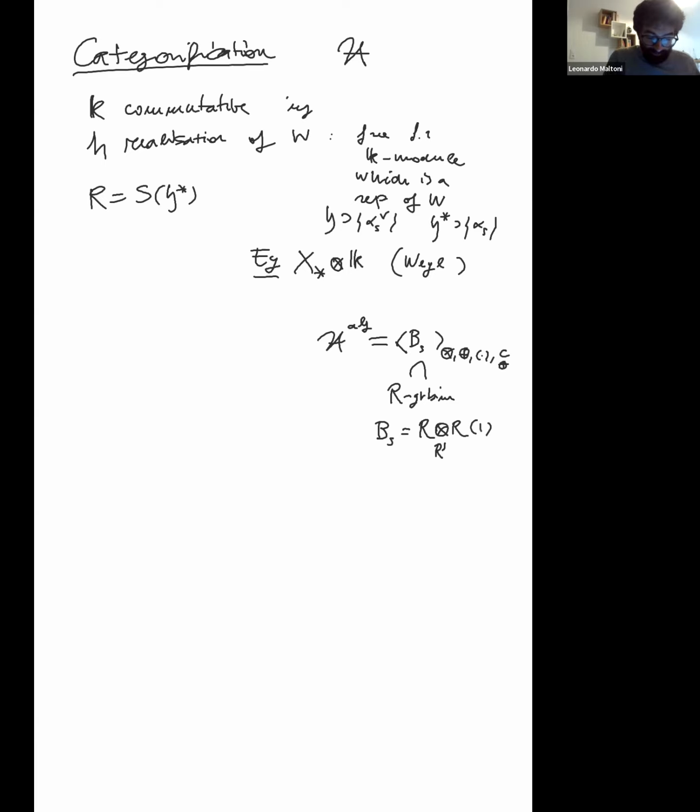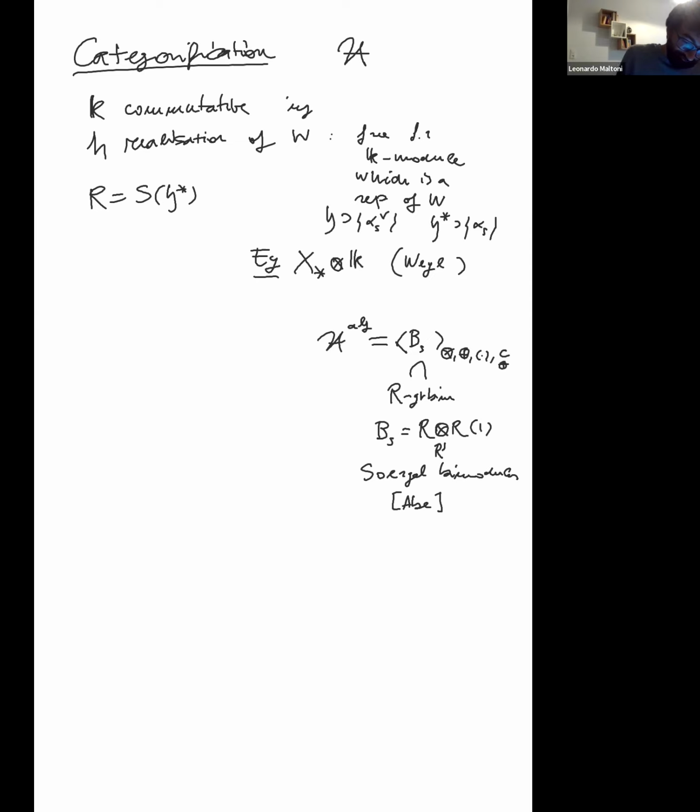If we take all products of these, and then direct sums, shifts and direct summands, this gives a category whose objects are called Soergel bimodules. Introduced by Soergel, of course, and it has a recent variant by Abe, which is better behaved in some cases, which I will tell you.